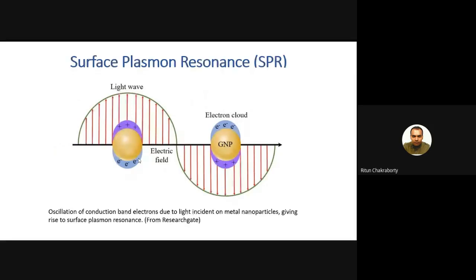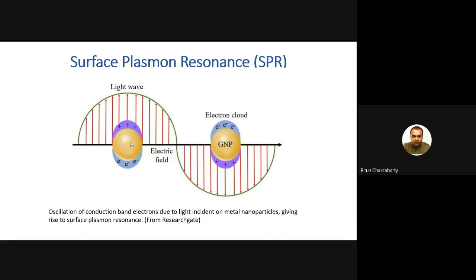So this can happen only at a resonant frequency. Resonant means the frequency of electromagnetic radiation has to be equal to the frequency of oscillation of the electrons. When this happens, these charges get separated, positive charges from negative charges, because the resonant wavelength is applying some energy, some force, electromagnetic radiation energy.